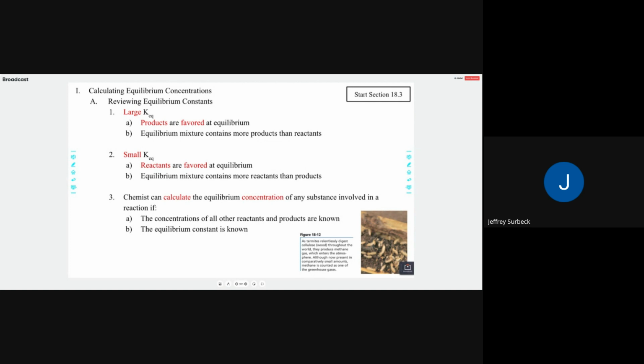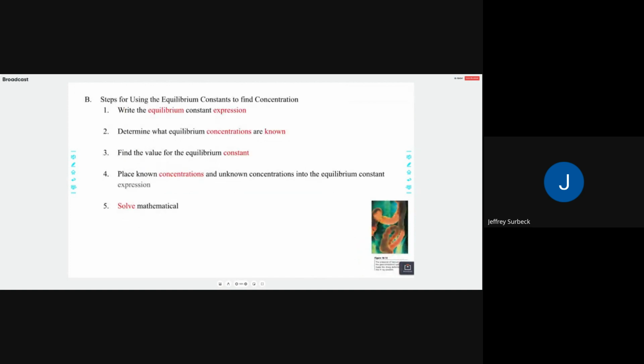Remember, we can do a lot of calculations with our equilibrium, and that's what we're going to take a look into today and actually analyze and understand a little bit more. So now, we found K when we are given the equilibrium concentration of every substance involved in the equilibrium expression.